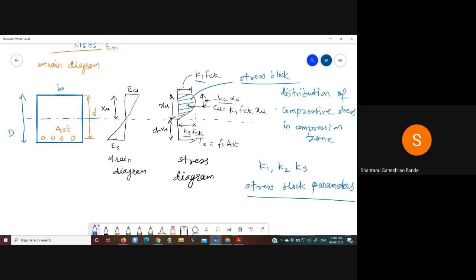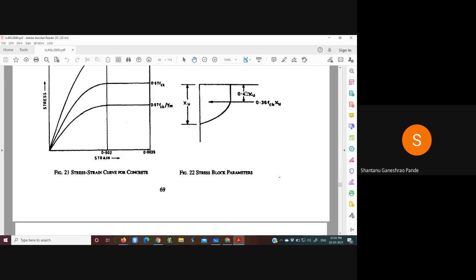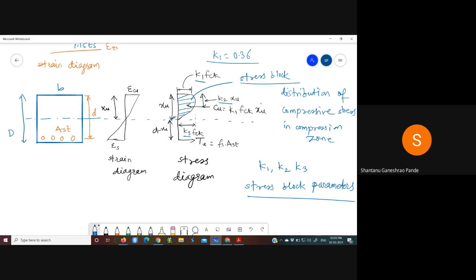So k1 is directly 0.36, and this depth is given by k2 into xu, so k2 is 0.42.